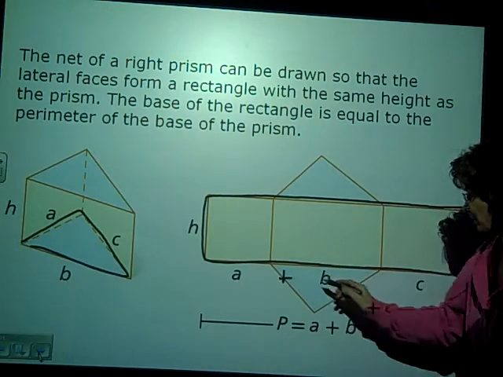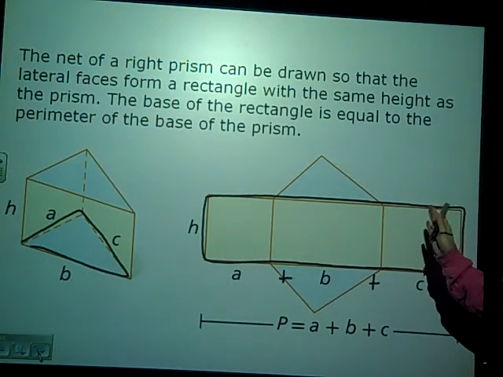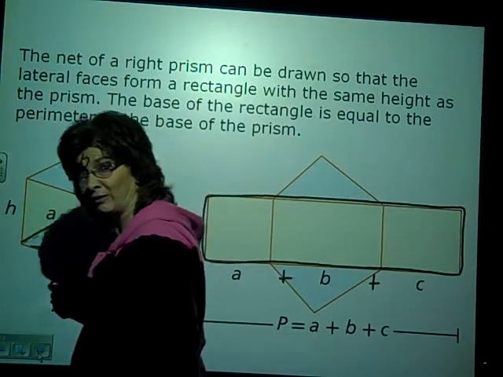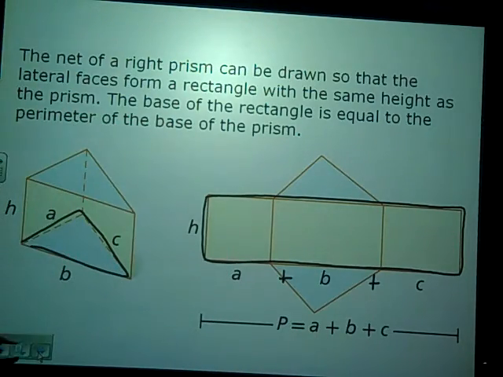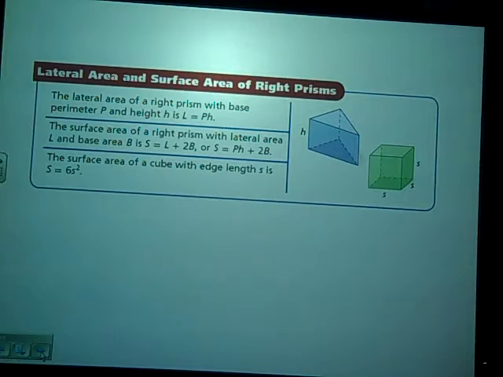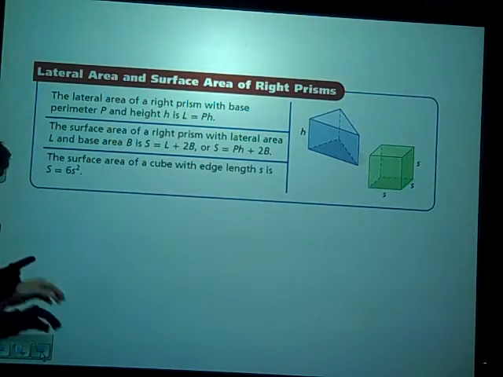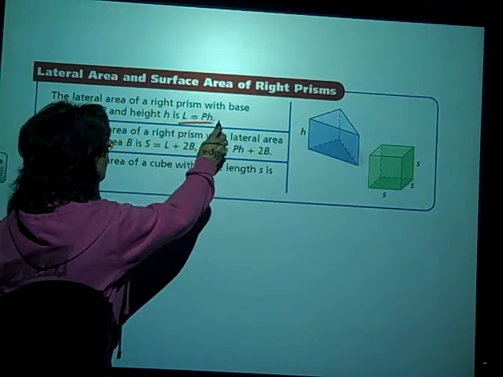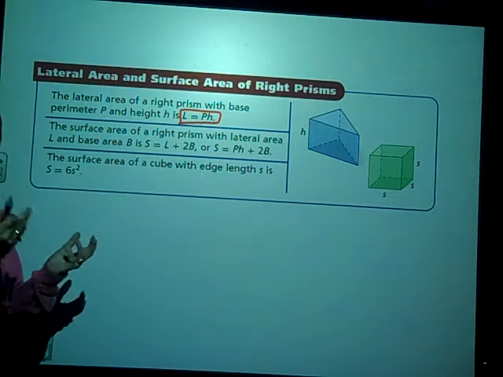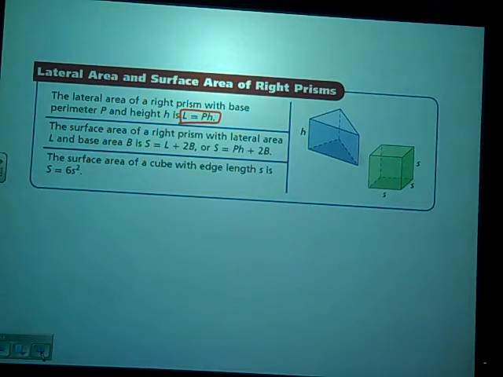So A plus B plus C. So to find the area of the sides, real easy, no big deal. Simply the lateral area equals the perimeter times the height of the prism. We're going to use that formula in a minute.